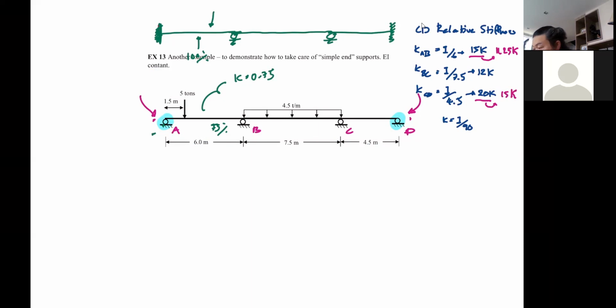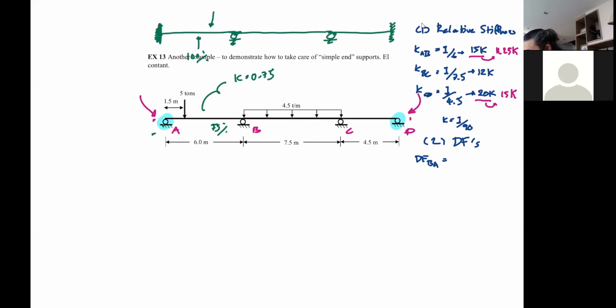Okay, so now we are going to use this to calculate our distribution factors. Step number 2 is DFs. So the distribution factor for member BA, the summation of KB is 23.25, right?